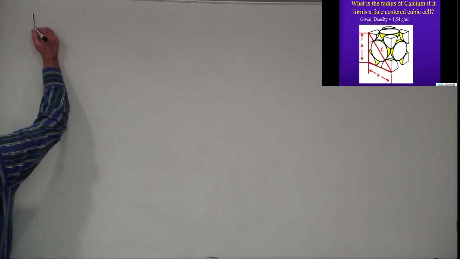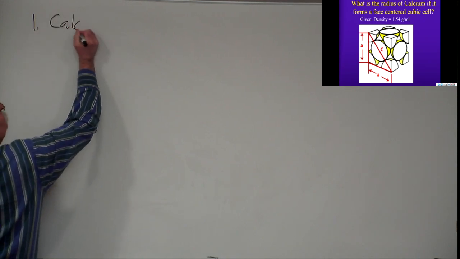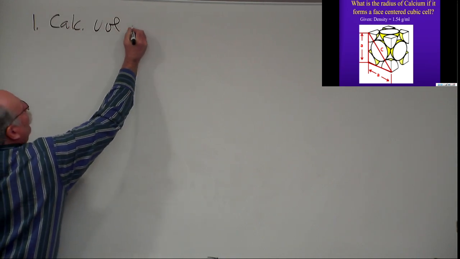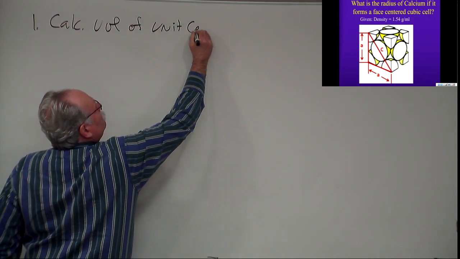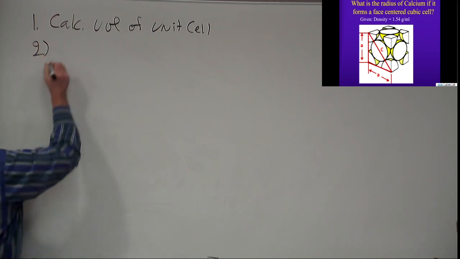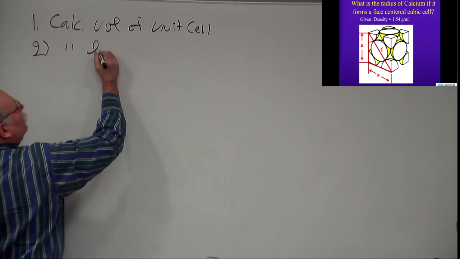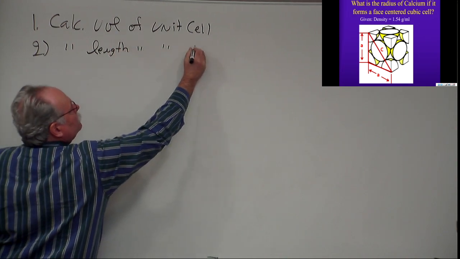That is, the first step is to calculate the volume of the unit cell. The second step, once we know the volume, is to calculate the length of the unit cell.